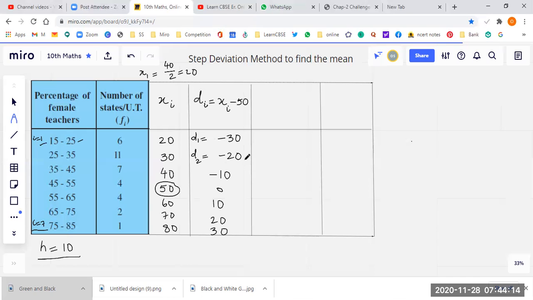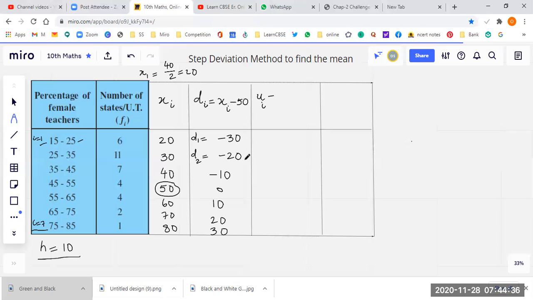In the assumed mean method, we used to directly multiply di with fi, if you remember. Not now. In the step deviation method, this is the point which makes it different from the assumed mean method. Now we will be calculating something which we know as ui. So what is ui?